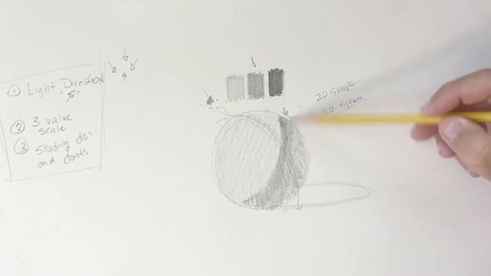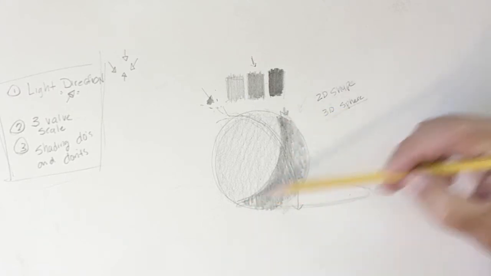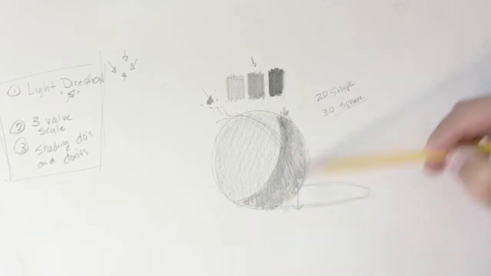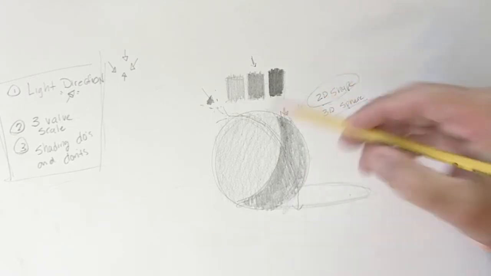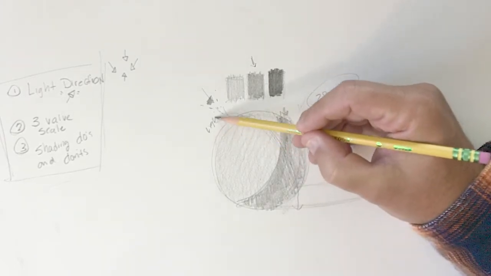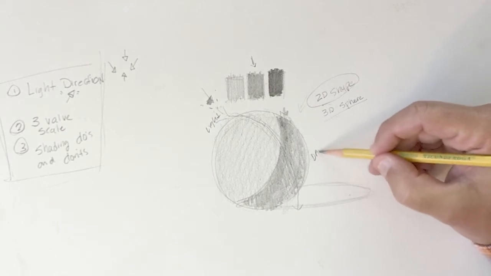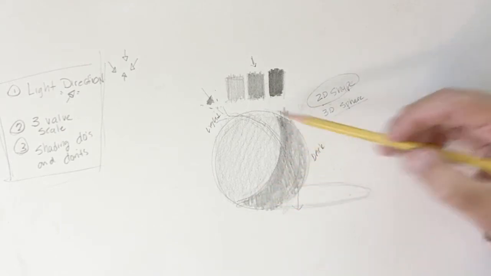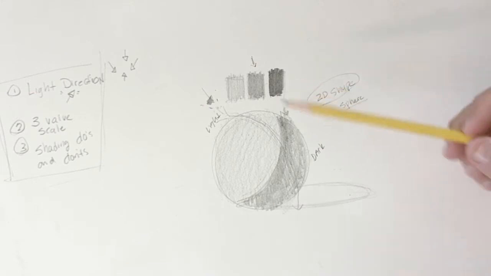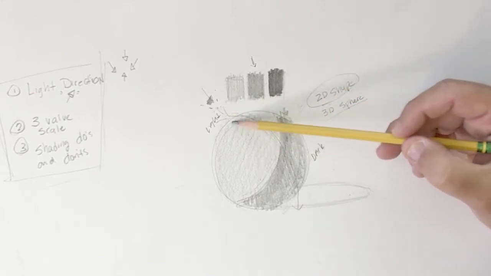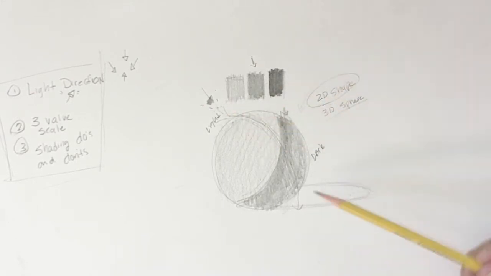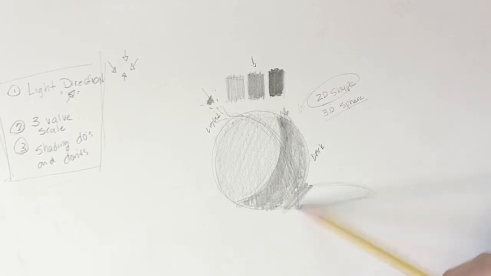Okay, so now what we have done is we have taken a two-dimensional shape, and we have assigned a light side and a dark side. We have separated this into a light and dark side, okay? Because the light source is here, the shadow is over here. So I'm going to fill this in with a number 2 as well, okay?